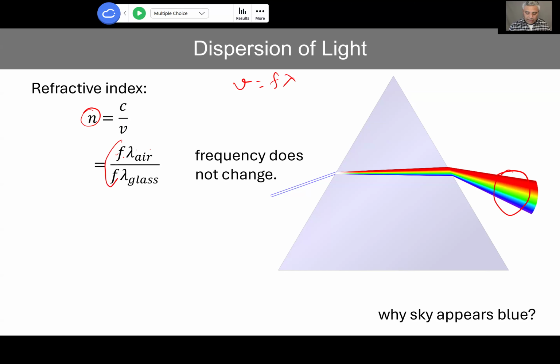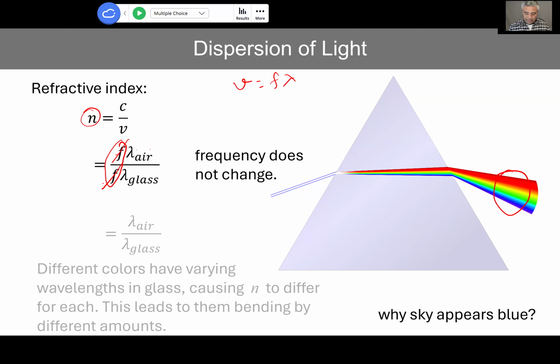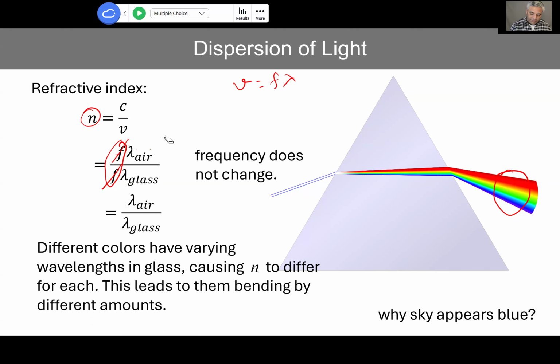And here I'm writing frequency the same because the frequency of the light does not change when it goes from one medium to another medium. So that means this is going to be the same and it's going to cancel. That means I can write something like this. So now the wavelength in the air is longer and the wavelength in the glass is shorter. And this wavelength in the glass for different light color is different.